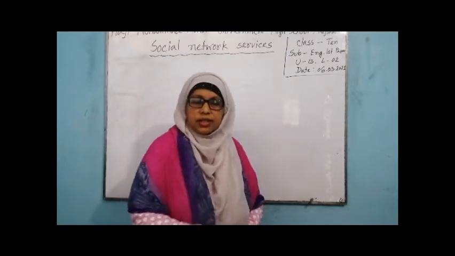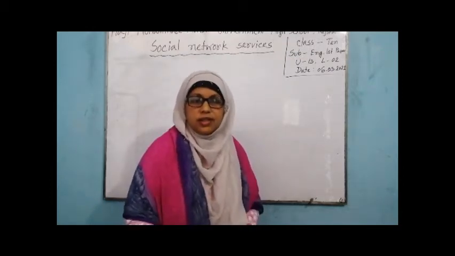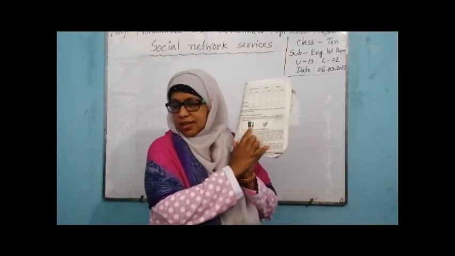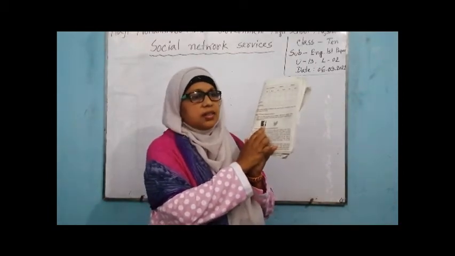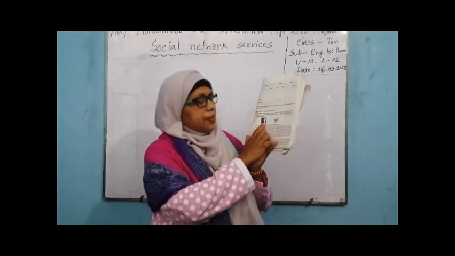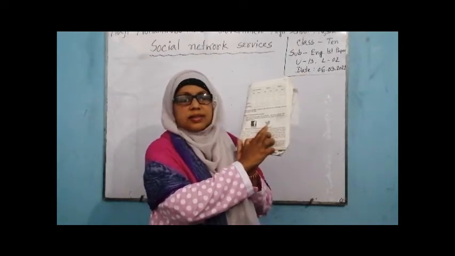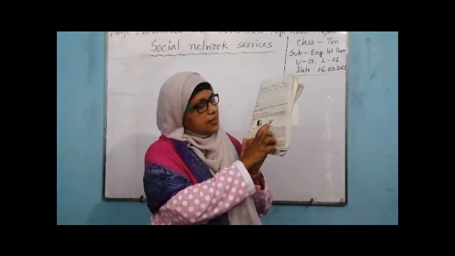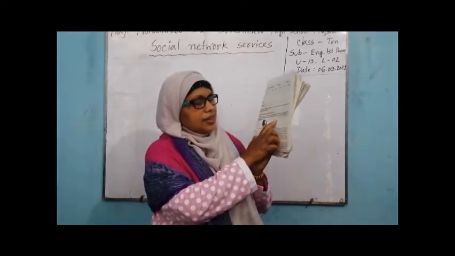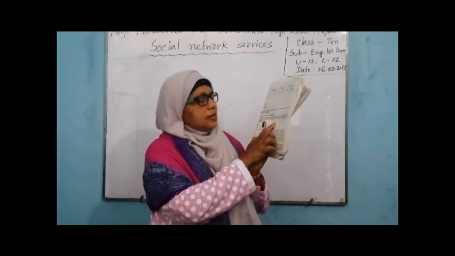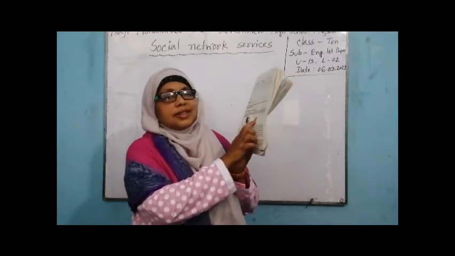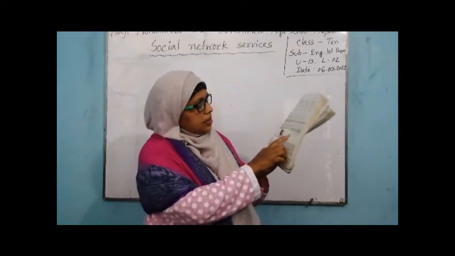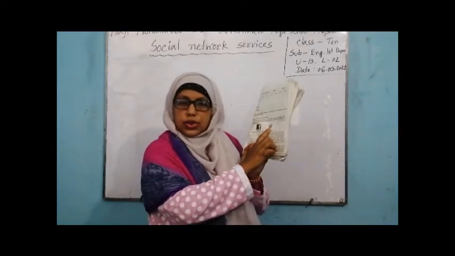Okay, dear students, I think your time is over. So, what's this? It's the logo of Facebook, and next, Twitter. It's a little bird and its mouth is open. And you know, a little bird calls tweet. Actually, it's called Twitter.